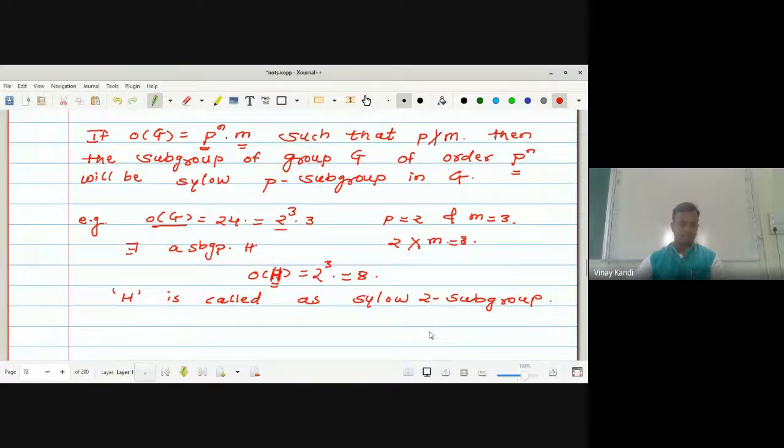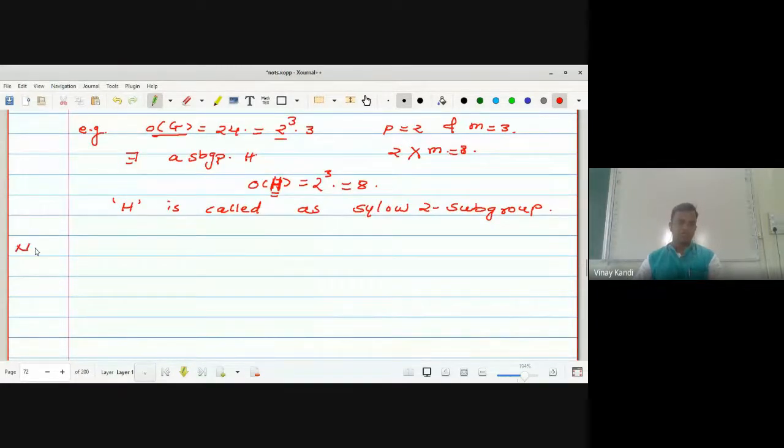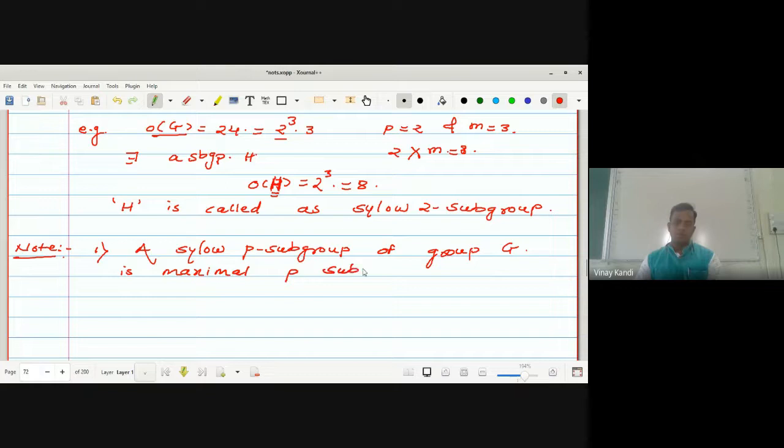Okay, so look at this note. A Sylow P subgroup of group G is a maximal normal subgroup, a maximal P subgroup, not normal, maximal P subgroup of G. Look at here. Here H is what?